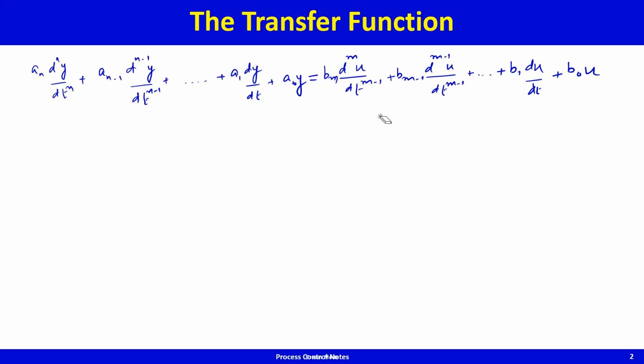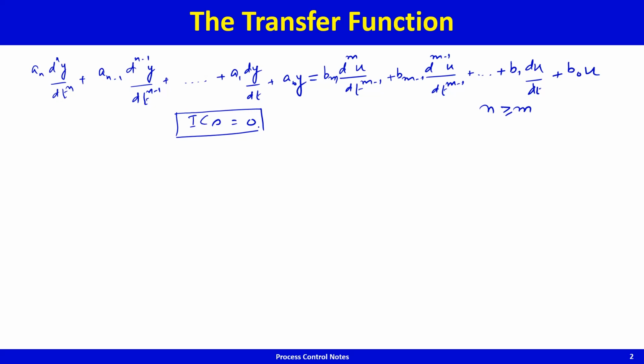And in general, for realistic systems, n will be greater than or equal to m, and if you take the Laplace transform of both sides for a system for which the initial conditions are 0, this is a key assumption, and initial conditions are 0 if the differential equation has been expressed in terms of deviation variables, deviation from the initial state of rest, initial steady state.